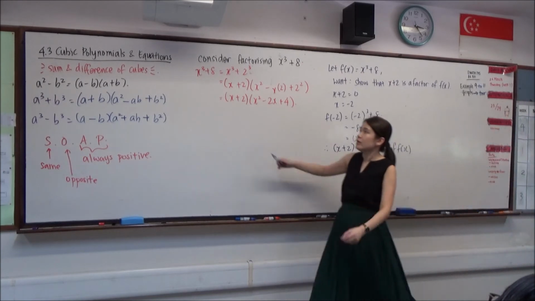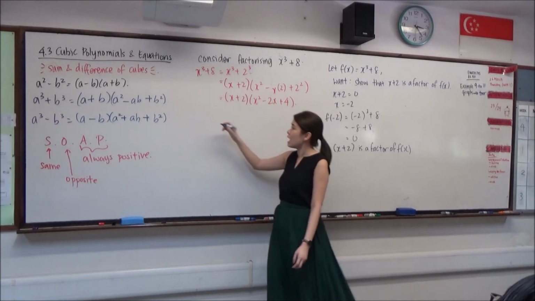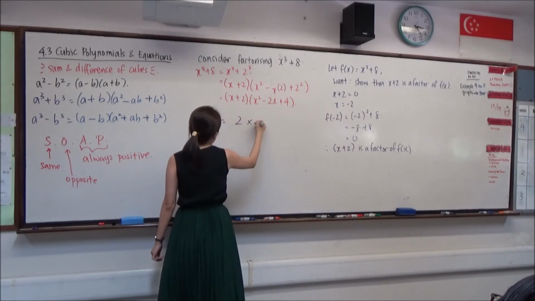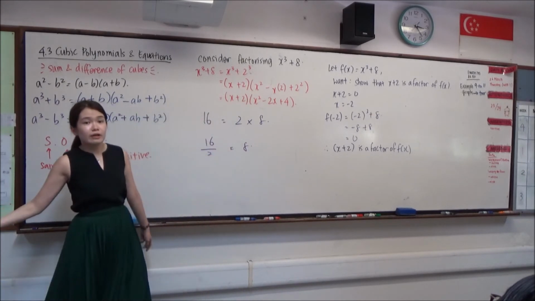Because I know that if I take x cubed plus 8 divided by this, I will get this one. Just like how if I have 16 equals 2 times 8, 16 divided by 2 should be equal to 8. Correct?